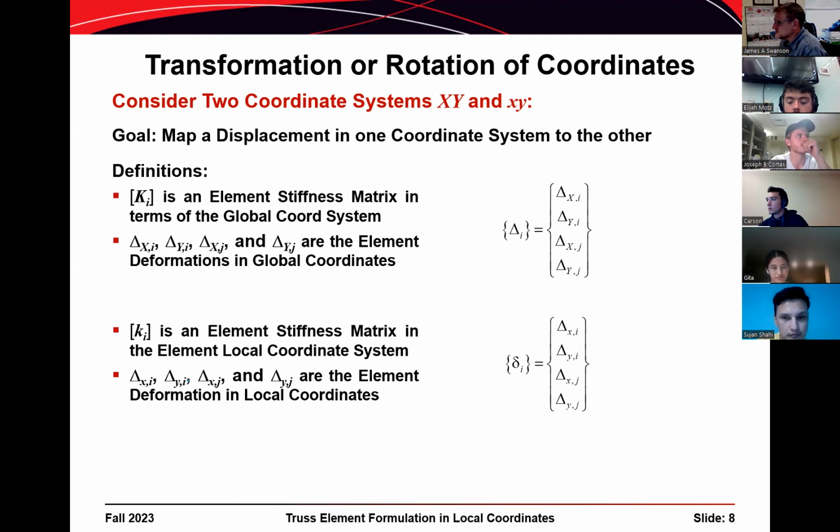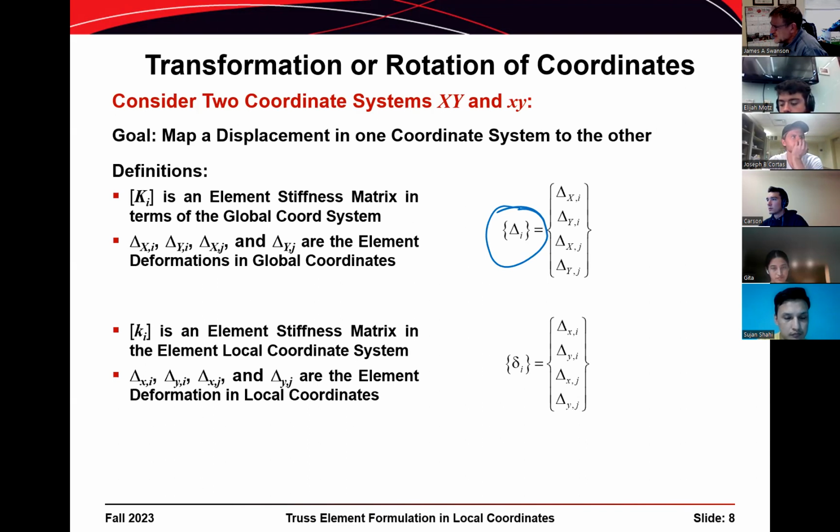And we have to distinguish between the displacements as well. So if I have a capital delta, then that's displacements that are written in terms of the global coordinate system.